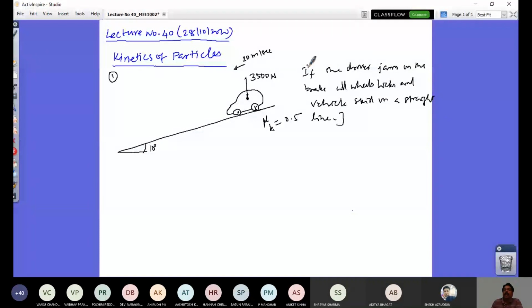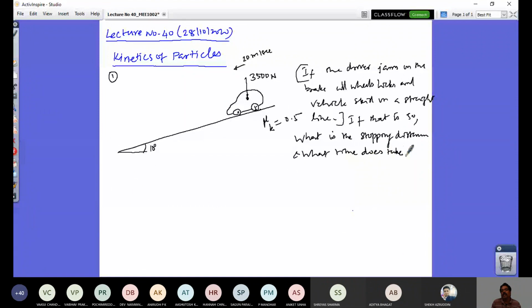If that is so, what distance, what is the stopping distance? And what time does it take to stop? That's the question. So how do you solve this?